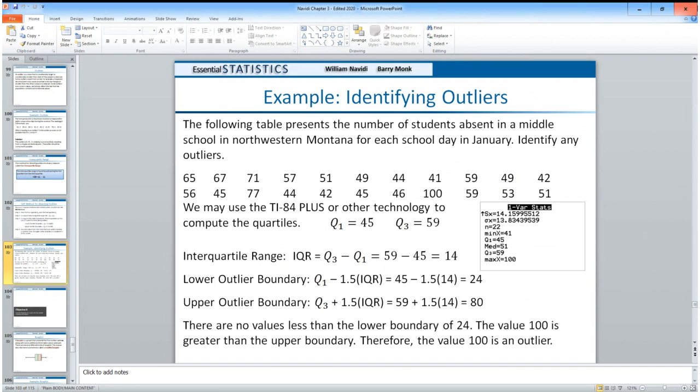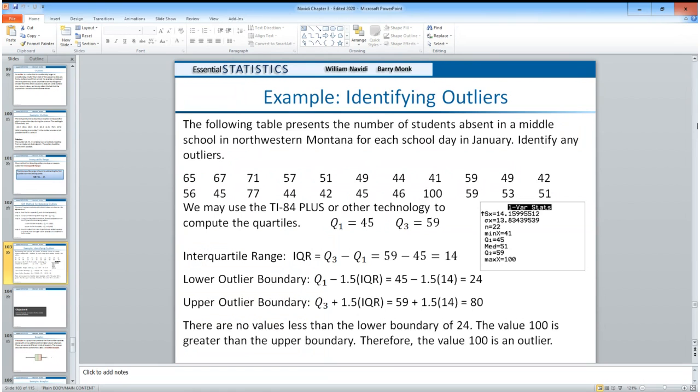So 14 times 1.5, that's 21 essentially. So 45 minus 21 is 24. And then also adding 21 to 59 gives you the 80.